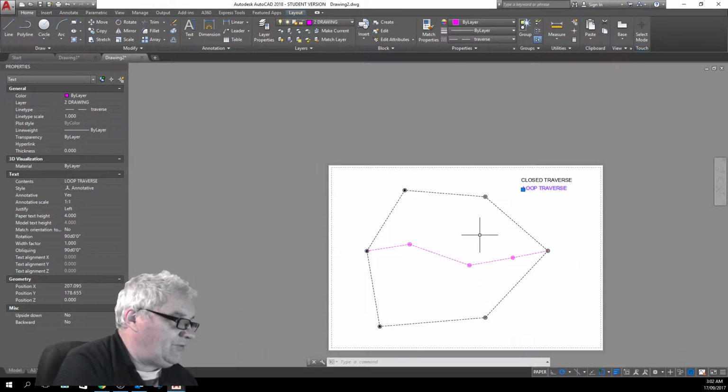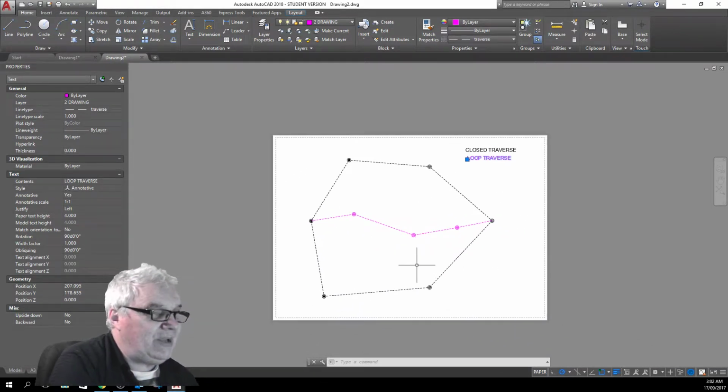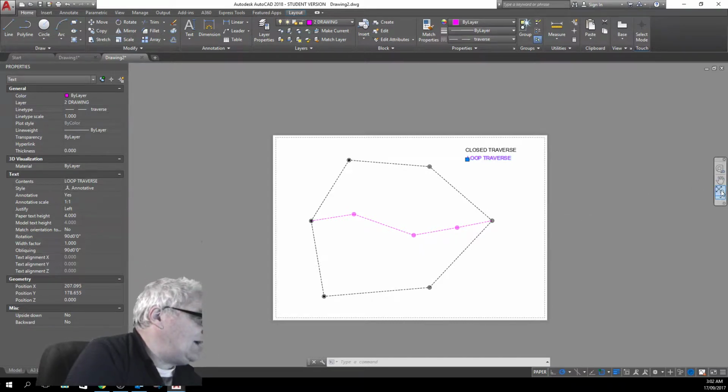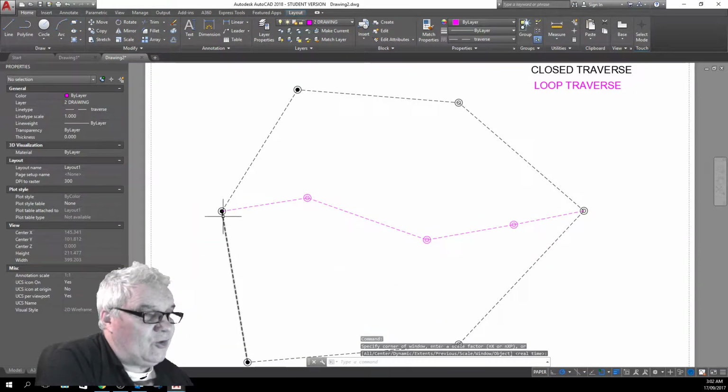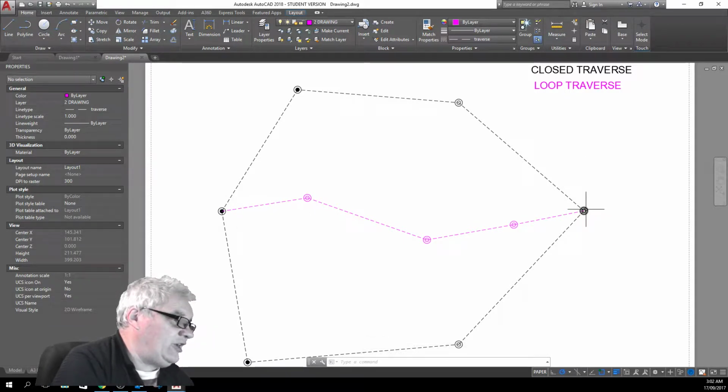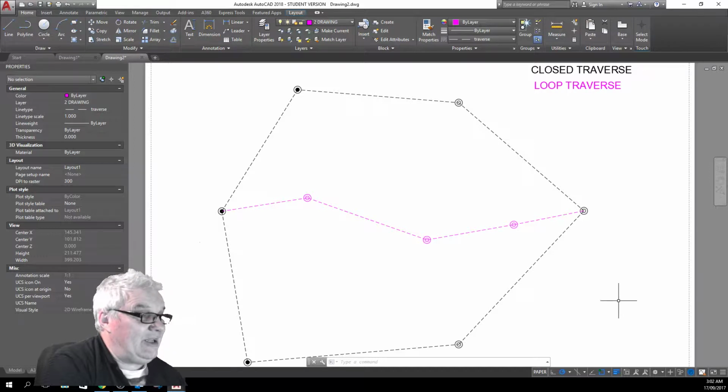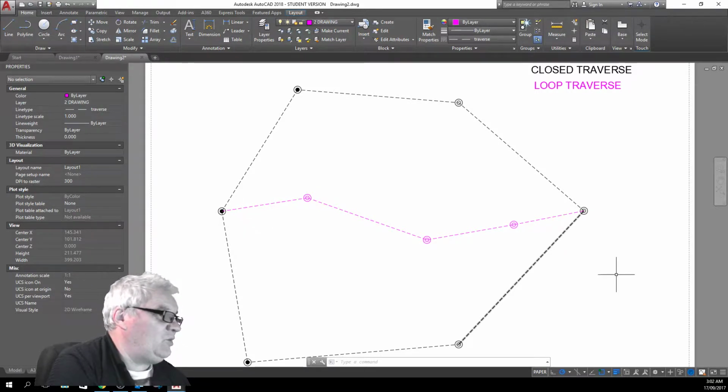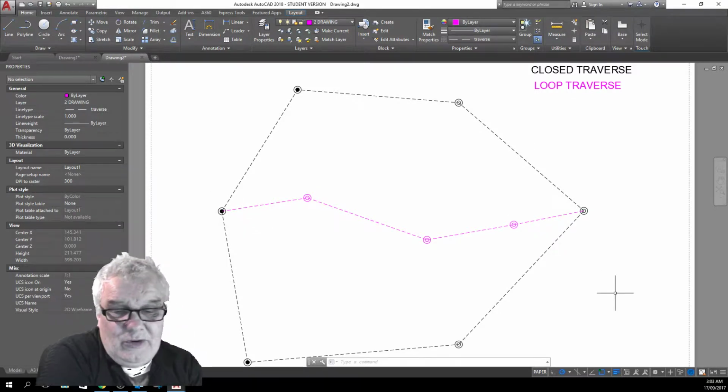So what I often used to do, if I had GPS available in this situation, I might GPS this line from here through to here, and then that means that I could close my own work and just see where the error lies.